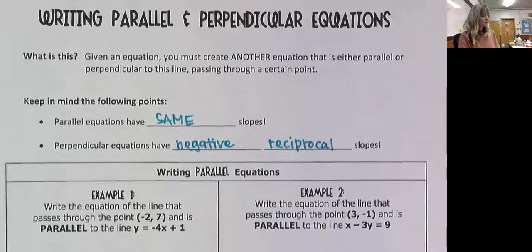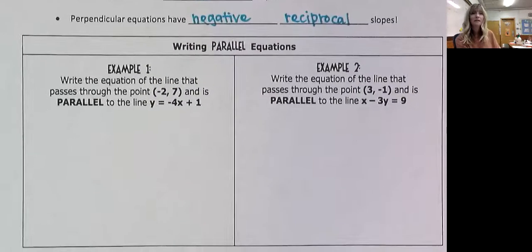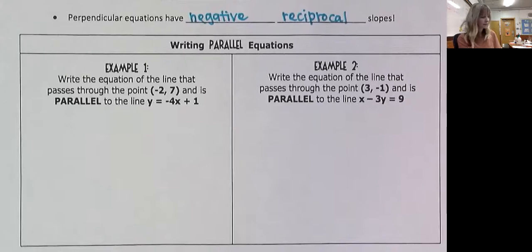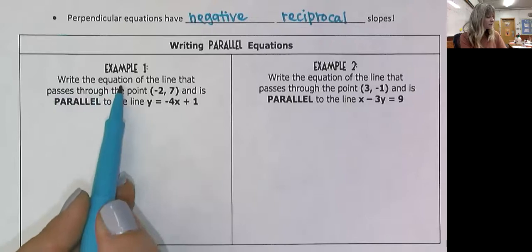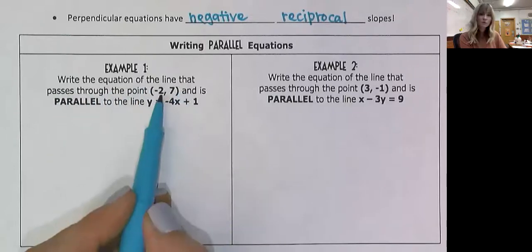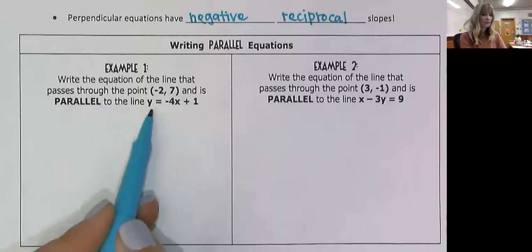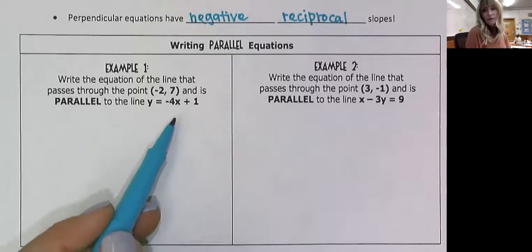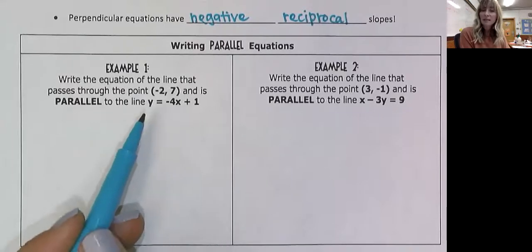So it starts with some examples on the front here. It says writing parallel equations. Example 1: write the equation of the line that passes through this point and is parallel to this line. First thing I want to make sure you understand is that parallel means it's never going to cross this line.